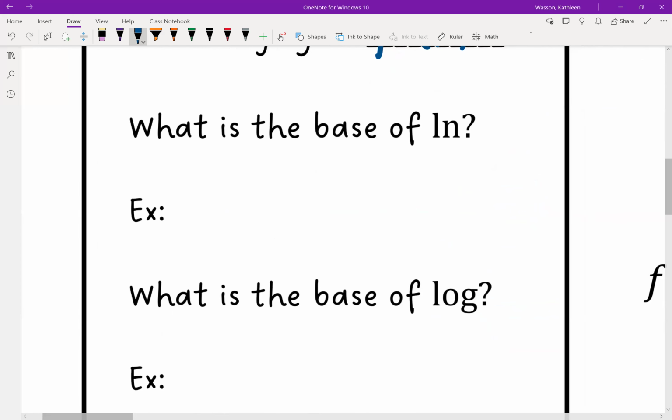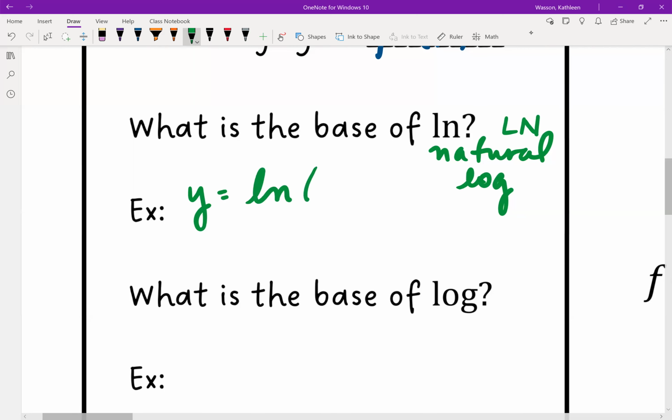The base of ln. ln means natural log. And depending on your calculator, it could be lowercase letters or it could be uppercase letters. ln, natural log, means log base e. So if you have y equals ln of anything, then that's the same as writing log base e of whatever your argument is.